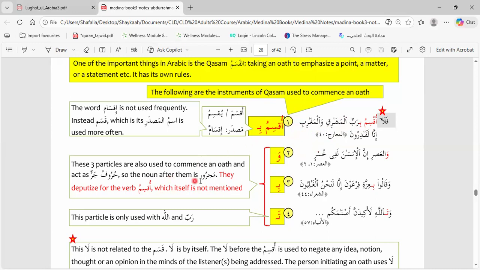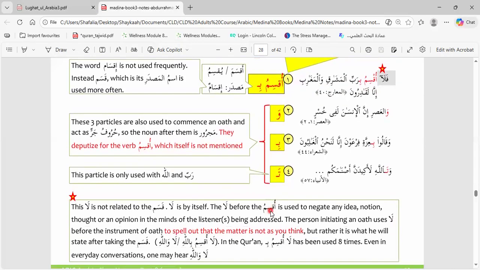The next you have three particles, the wa, the ba, and the ta, that affect the verb, which means that they have an impact on the verb, indicating the authority that's speaking to us. Wal-Asr, this is an oath that Allah subhanahu wa ta'ala takes in Surah Al-Asr.